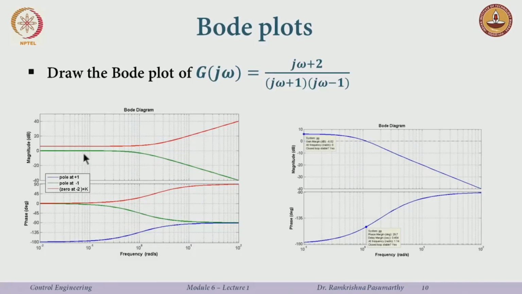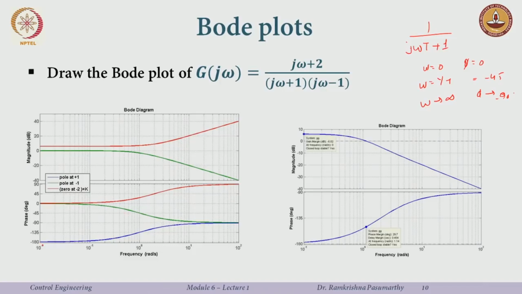Now, how does the phase behave for a term like 1 over j omega T plus 1? I start at omega equal to 0 from phi equal to 0, then at omega equal to 1 over T I go to minus 45, and as omega tends to infinity, phi goes to minus 90 degrees. That is what is happening in the green line.